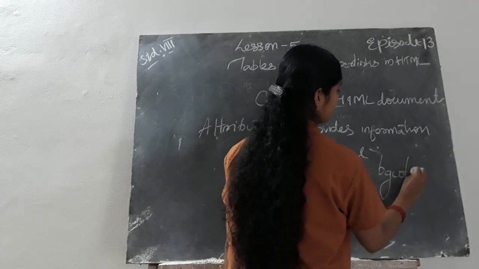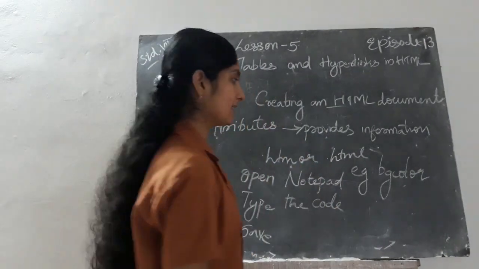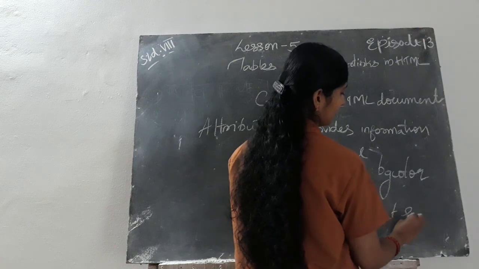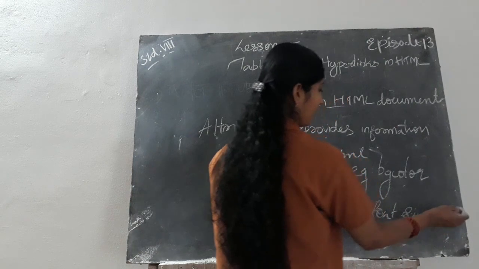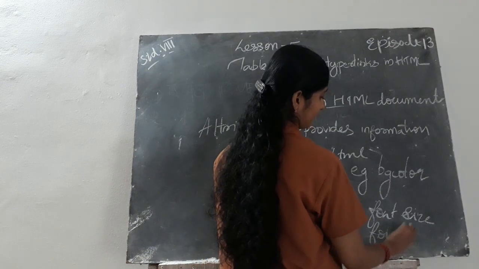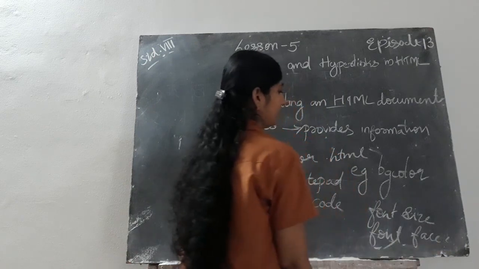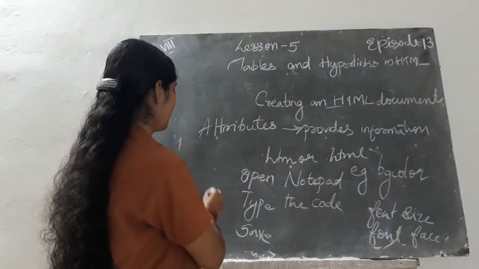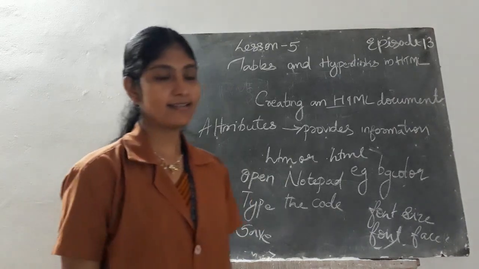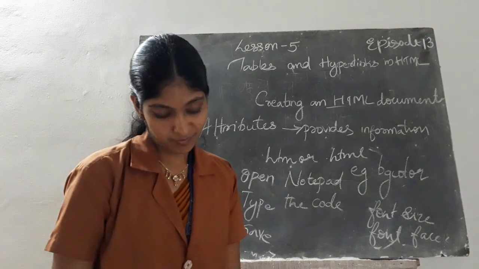Then font size, font face, then text color, then font color, etc. So these are the attributes.